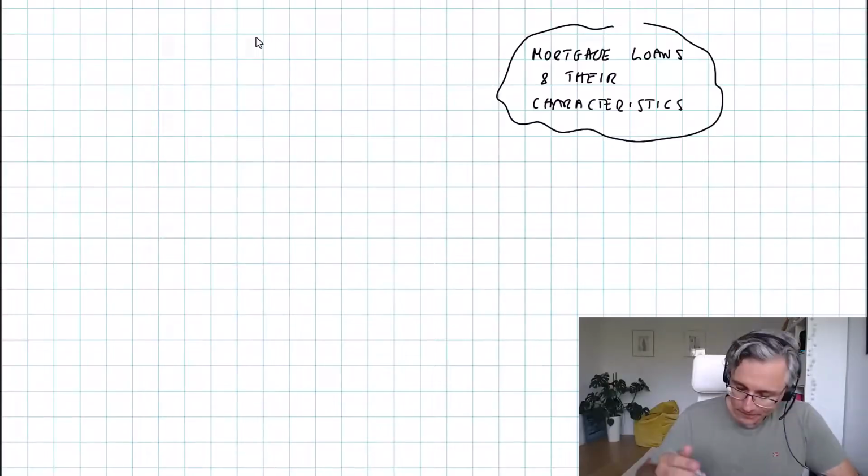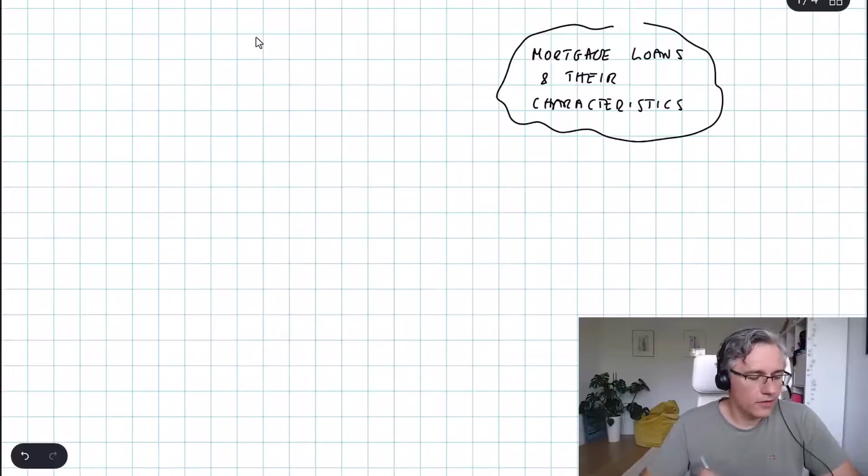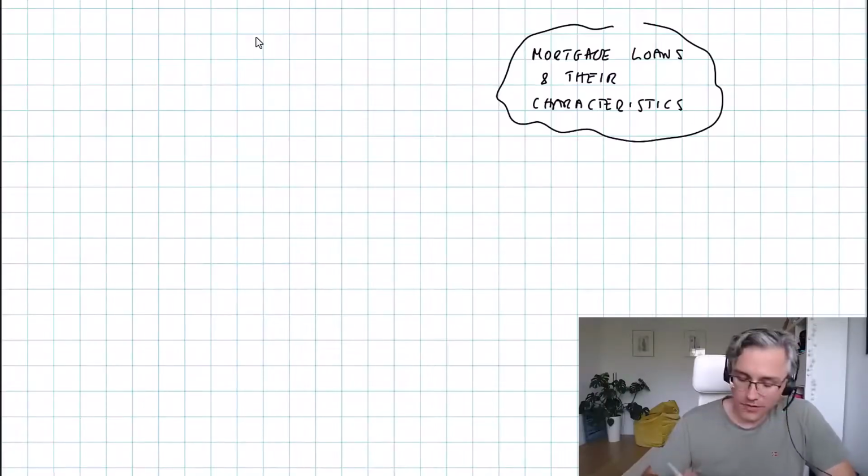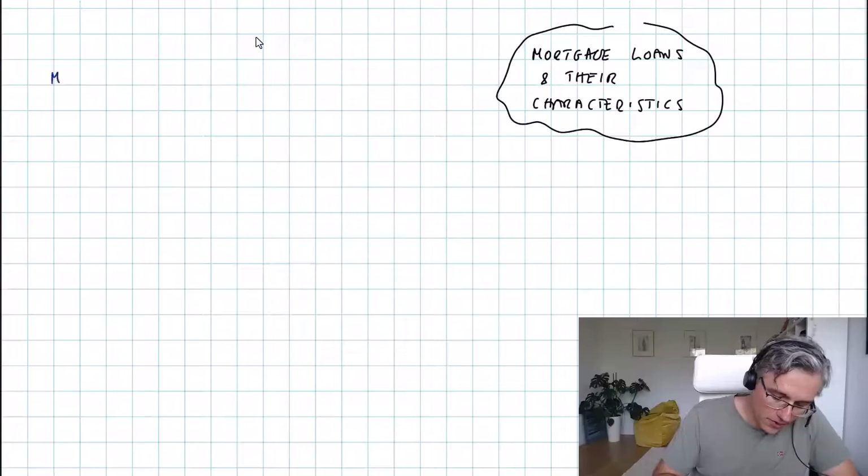A mortgage loan is, of course, a loan secured on a specific item of property. So let me write this down.